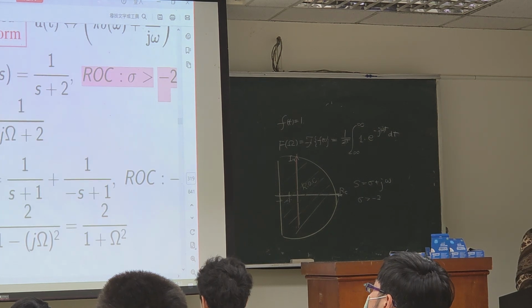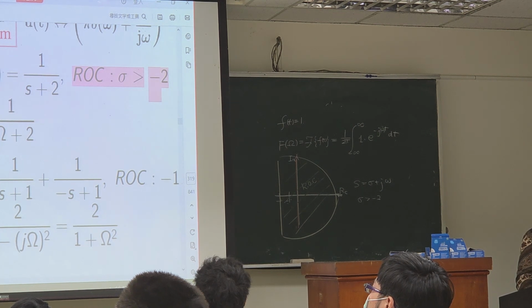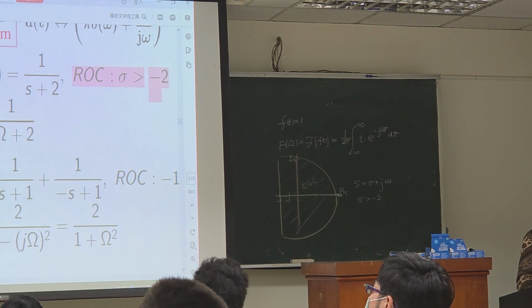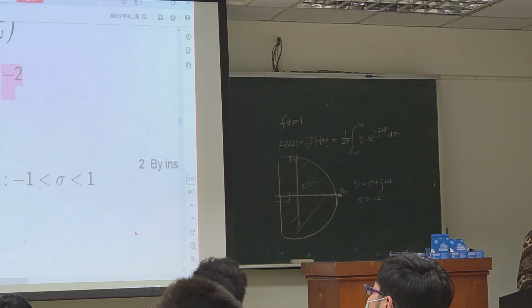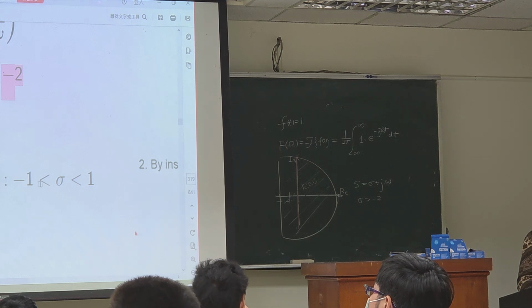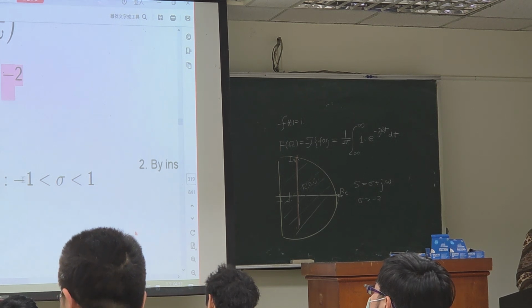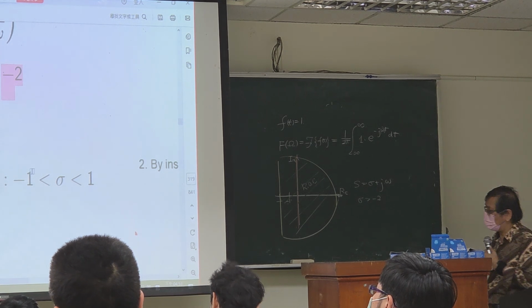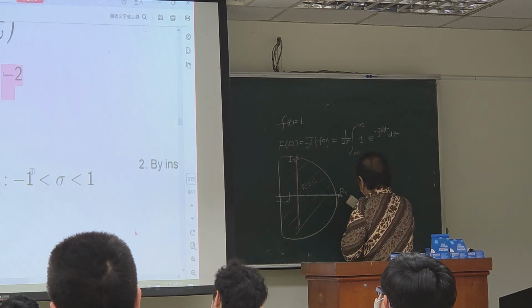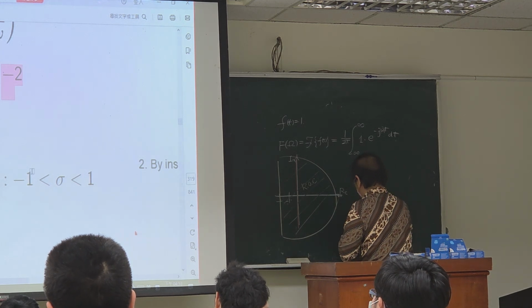And similarly for x3, the same. For this one, the Laplace transform is given by this. And the important thing is the region of convergence is a strip between negative 1 and 1. You can derive it by yourself, and we just give you the result directly.